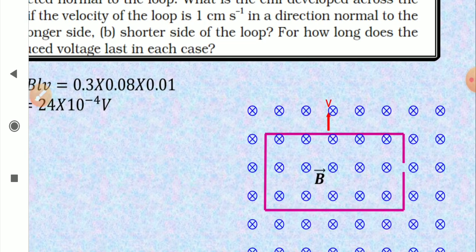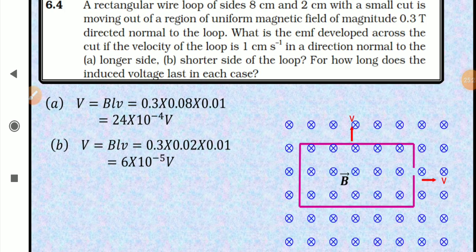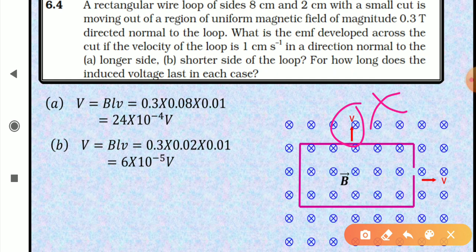And now what if it is dragged out from the smaller one? If it is dragged out by this smaller side, now the length is going to be this one. See, when it is dragged from this side, there will be no induced EMF in this one and in this one, because here the velocity and length are parallel.